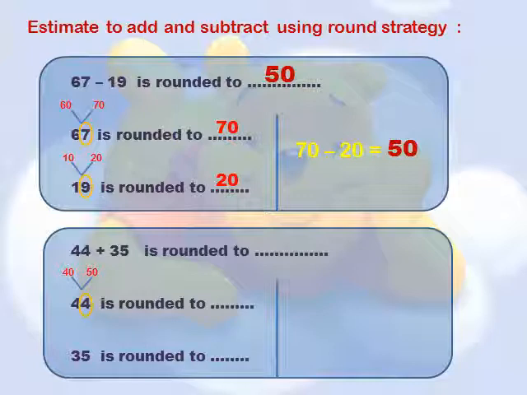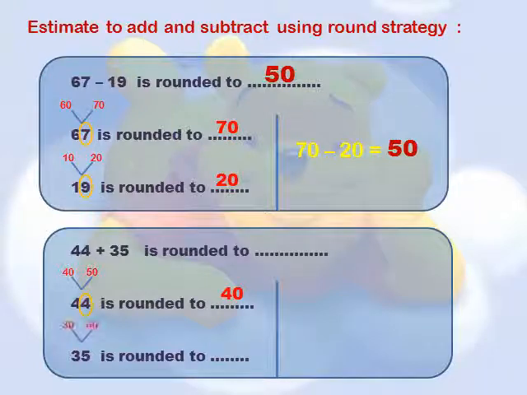That means it's what? Yes, it's a weak number. So the weak number does what with the tens? Yes, the weak number rounds the tens to the smallest tens. So it will be what? It will be 40. What about 35?